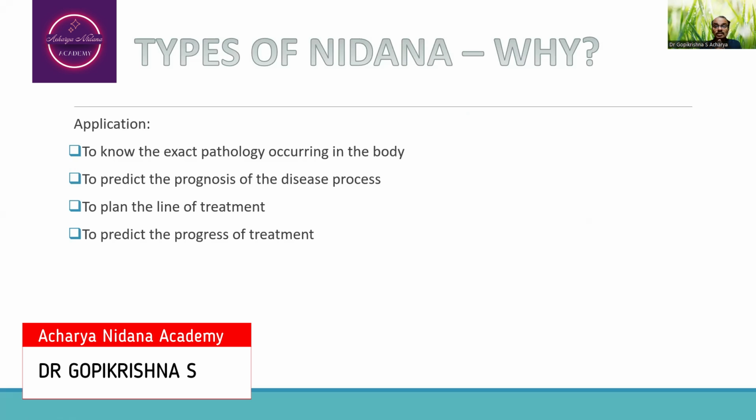Suppose 30 pathogens are eliminated through the rectal route. That means he may show 30% improvement. So to predict the progress of the treatment, knowing the exact nidana is very, very essential.